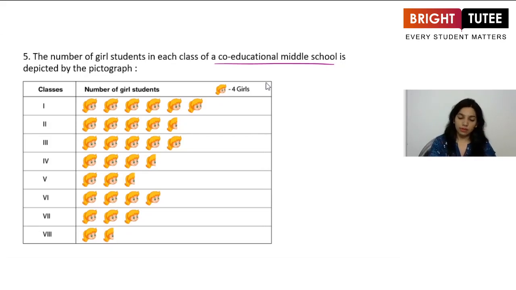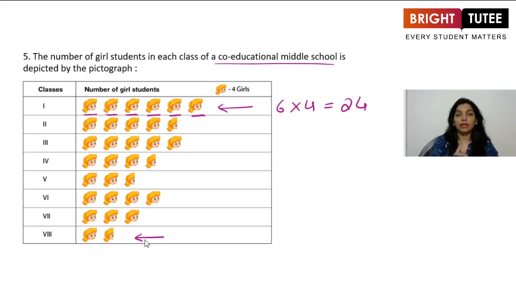So for example, if I read the first one here, how many images are there? 1, 2, 3, 4, 5 and 6. So we see 6 complete faces. Because each face represents 4 girls, it is 6 times 4, 24 girls in total. Clear? Now say if I want to know how many we have in class 8th here.